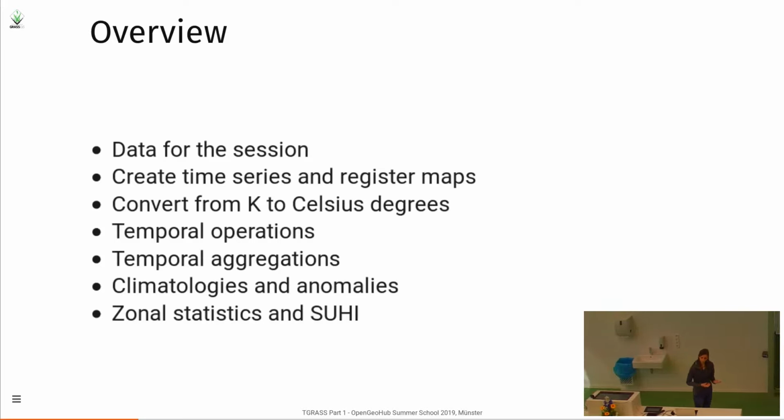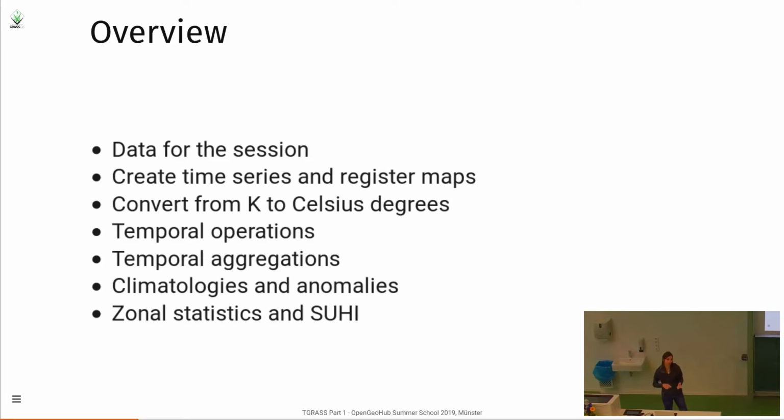And then we will do some exercise to calculate the surface urban heat island. You know that this is a pretty important phenomenon in urban areas that affects health and biodiversity and water management and different things in cities.